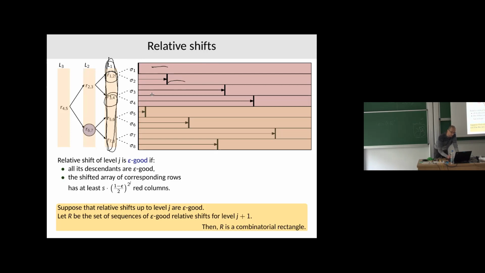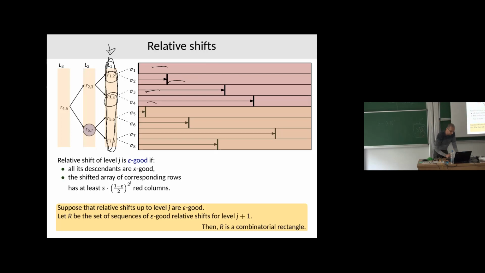Whether this number is good depends only on the third and fourth row, right? And the sets of rows are disjoint. So it means that good sequences for level 1 form a combinatorial rectangle. And since it forms combinatorial rectangle, we can use this result of linear Zuckerman without even noticing that there are some works on expander underneath.